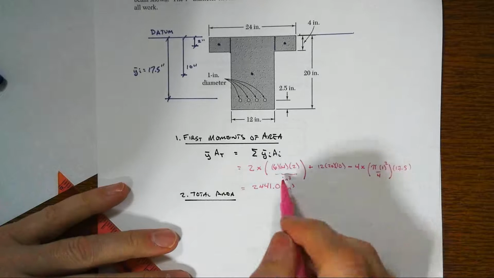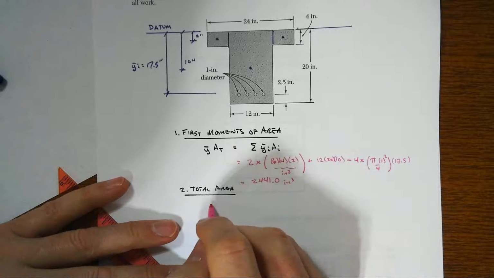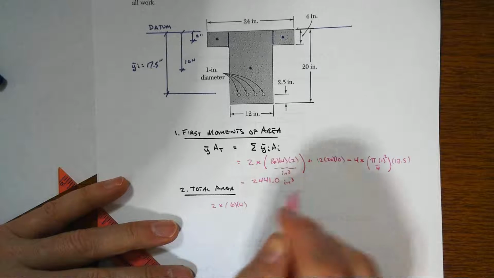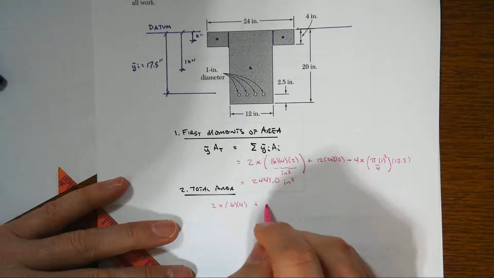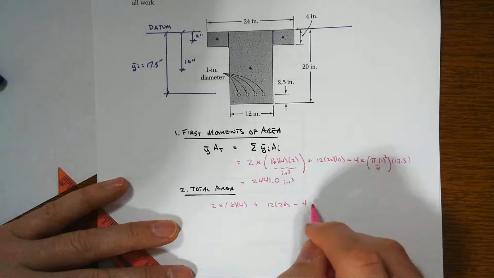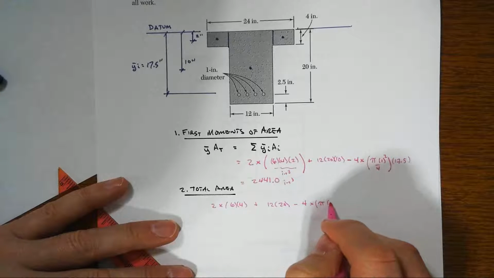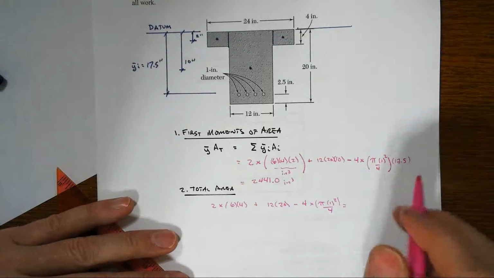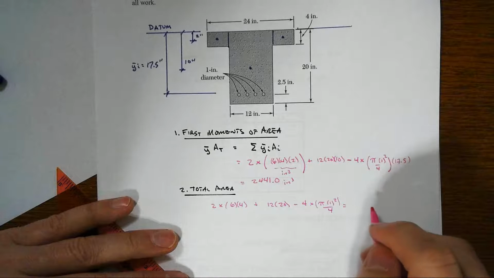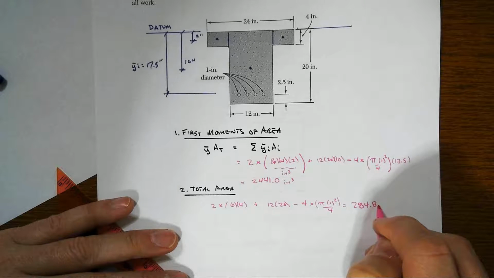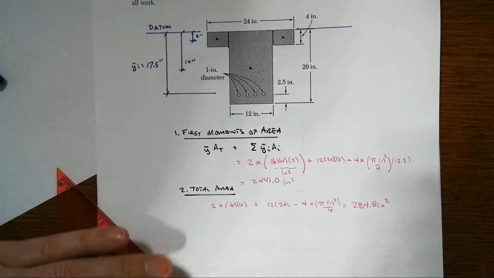We actually already have the information in the first moment calculation. We've got 2 of the 6 by 4s plus 1 of the 12 by 20, and then subtract off 4 of the holes, and that net area then will be 284.8 and change square inches.